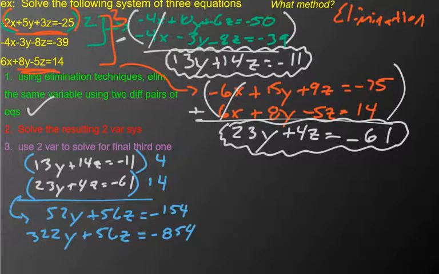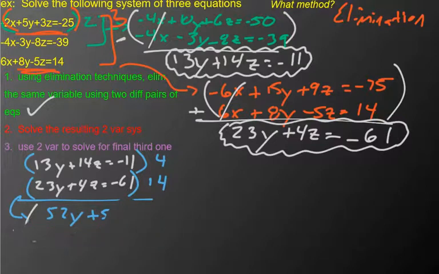And then if you subtract these, you'll kill off all the z's. Wait a second. I just noticed this makes no sense. I just somehow 2 seconds ago said negative 11 times 4 is negative 154. I don't know what I just did. So let me restart that.